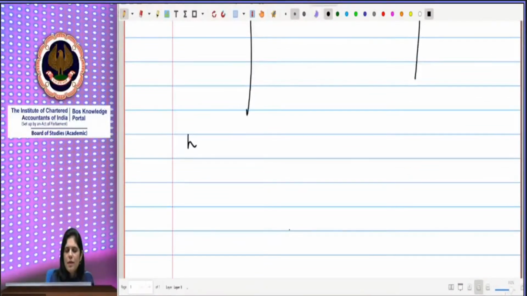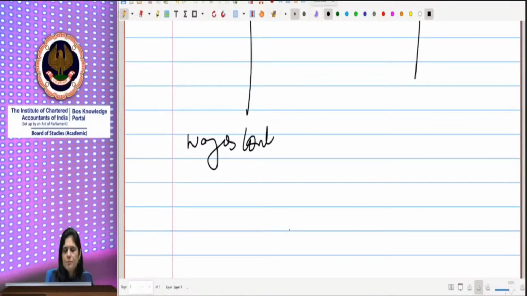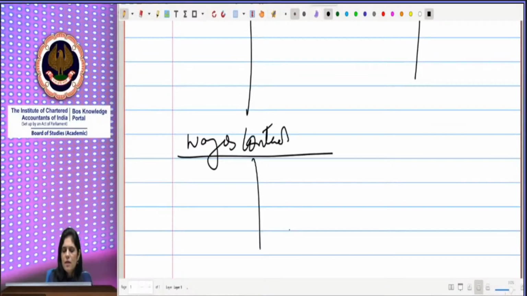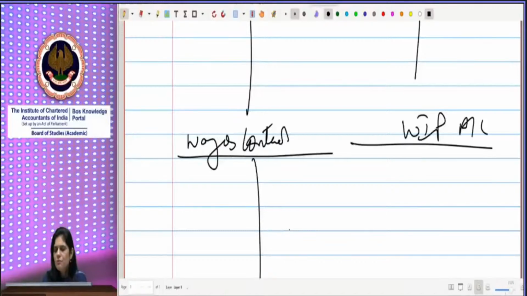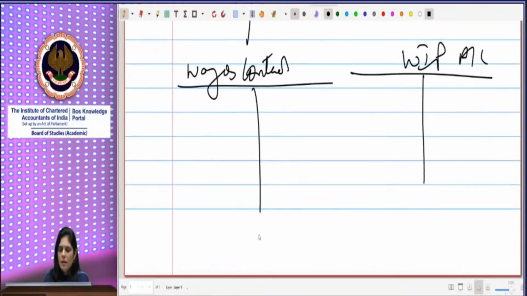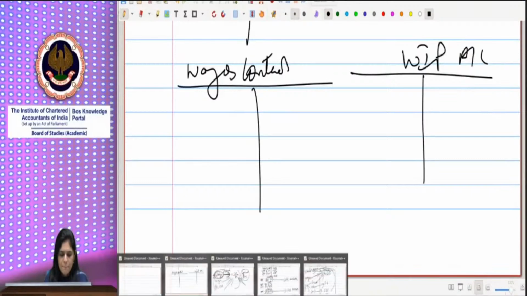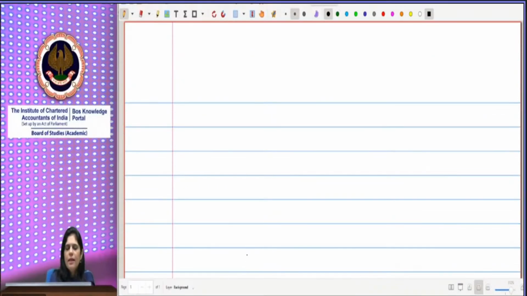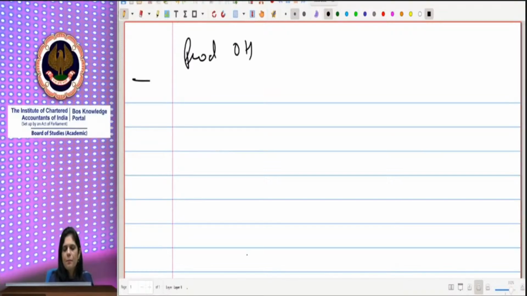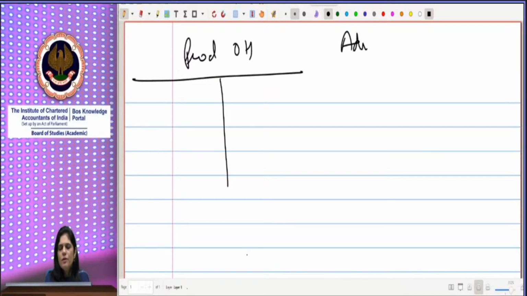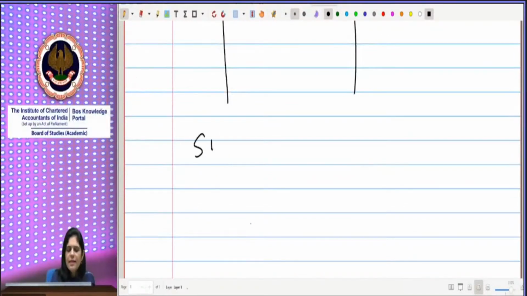Then we have to make wages control. All right. Then we have to make your WIP, the main production account. Then we have to make the overheads accounts. So production overhead, admin overhead, and the selling and distribution overhead.